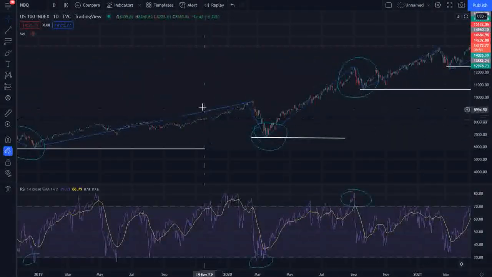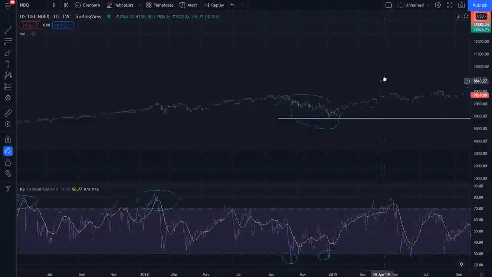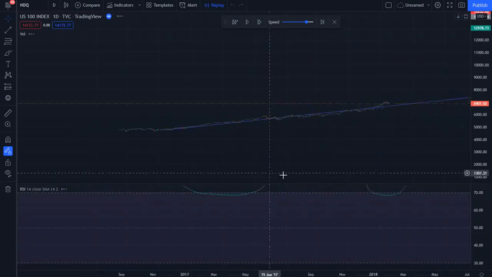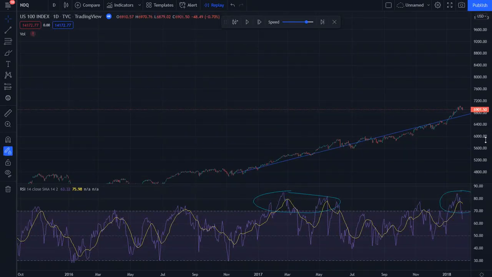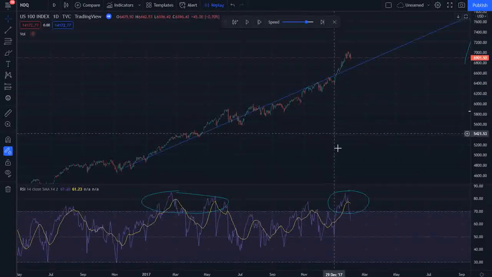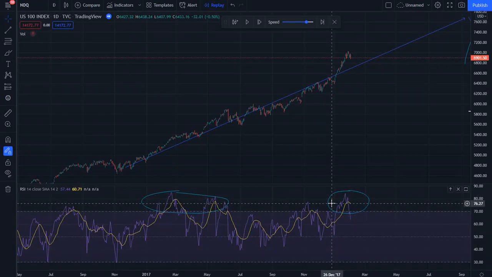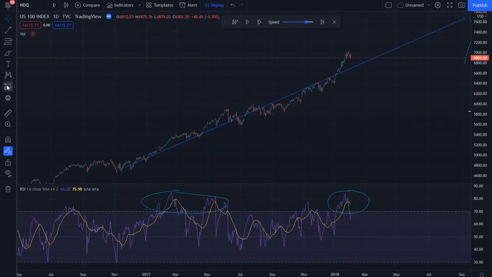Okay, because sometimes what will happen is if you have no idea about the trend, then you have no idea what's going to happen. So for example, if I replay, I'll go back to here, for example. So what you're seeing is that the market is oversold, and you'll be like, okay, let me get ready to sell.